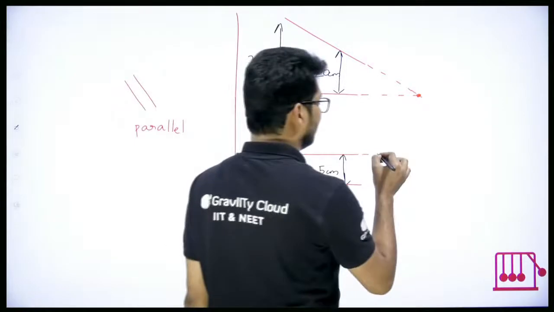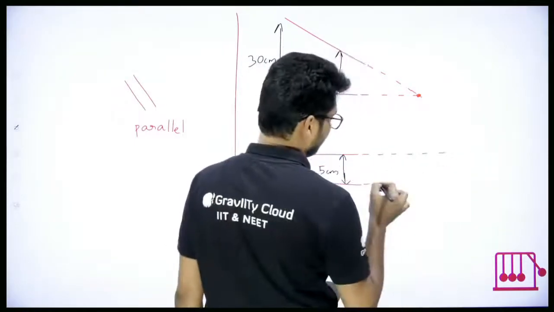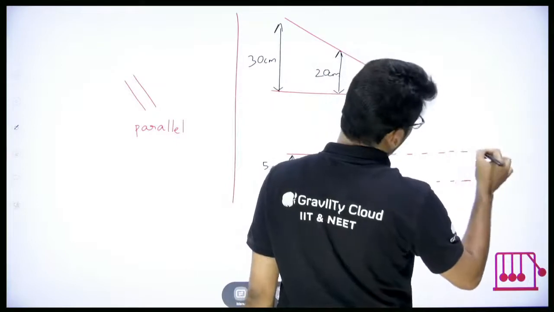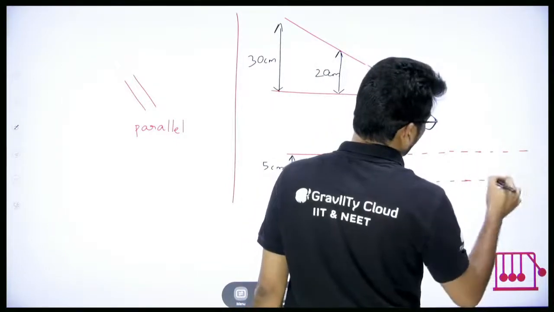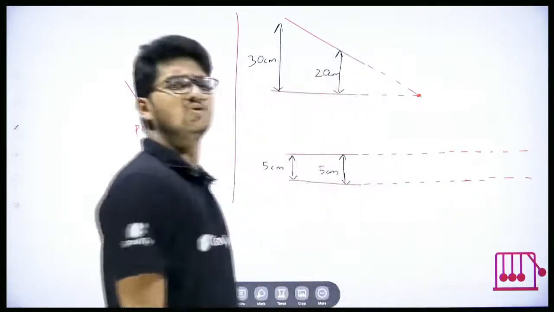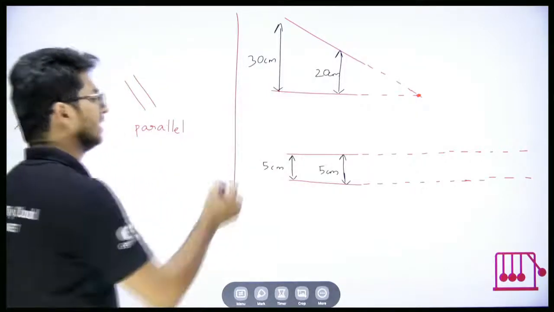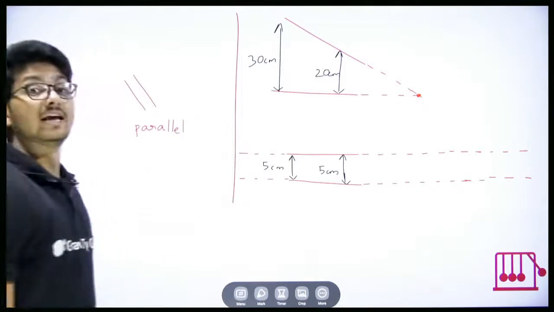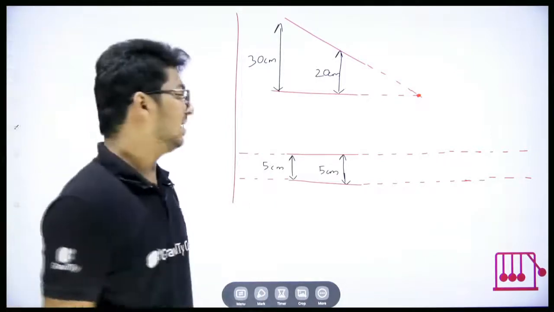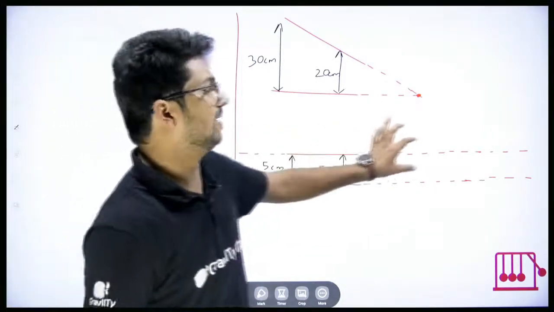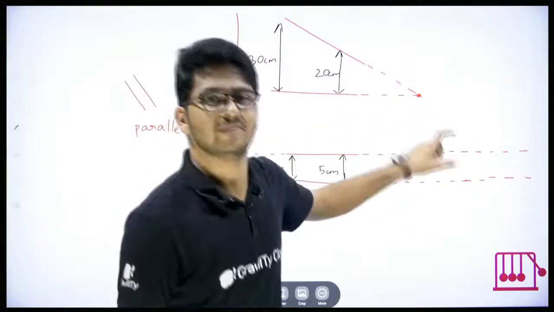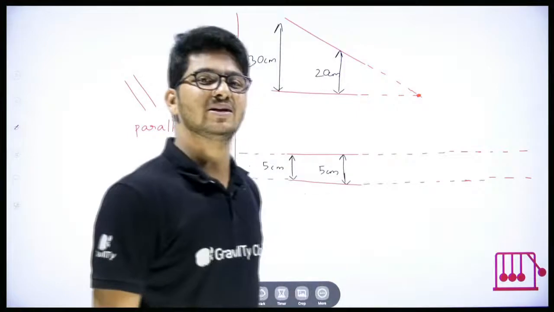Then even when you extend them, for however long, for 1 meter, 1 kilometer, 1000 kilometers, it does not matter, they will never meet, and the distance between them will be constant everywhere. 5 centimeters, 5 centimeters, 5 centimeters.